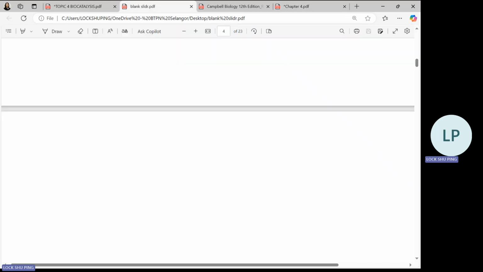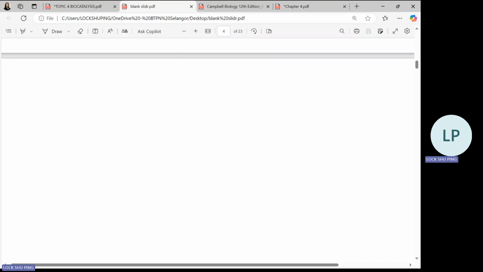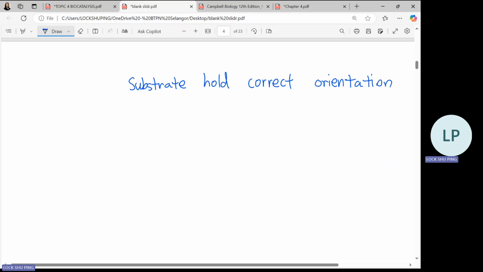So what does the active site do? First, the active site will bring the substrate in the correct orientation. The substrate will be held in the correct orientation. What does it mean, and how does this help in the reaction? If I give you two situations, you look at the substrates.